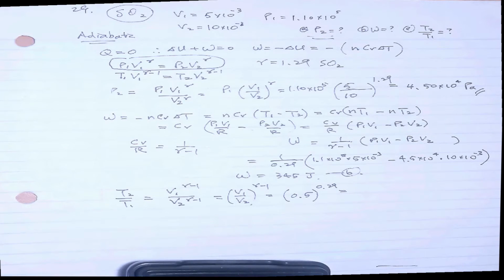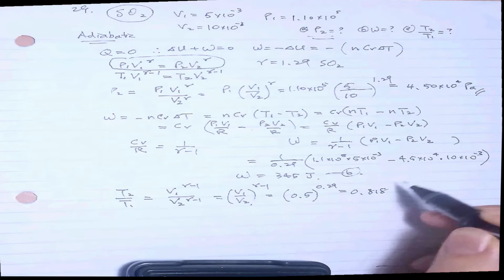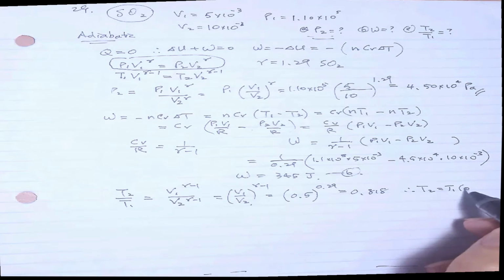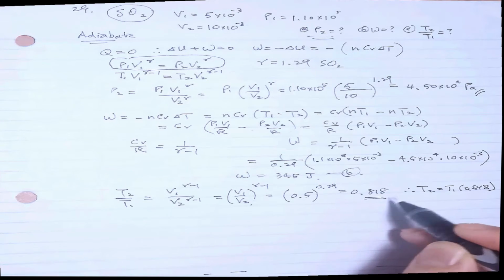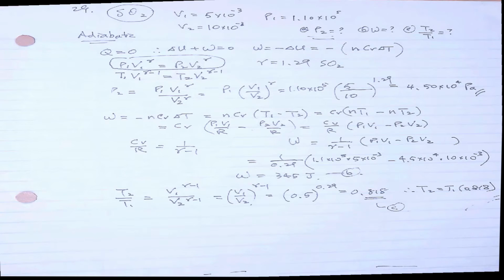So 0.5 raised to the power of 0.29, I get 0.818. Therefore the ratio T2 over T1 is just 0.818. So that is part C. Okay, so those are the answers for question 29.